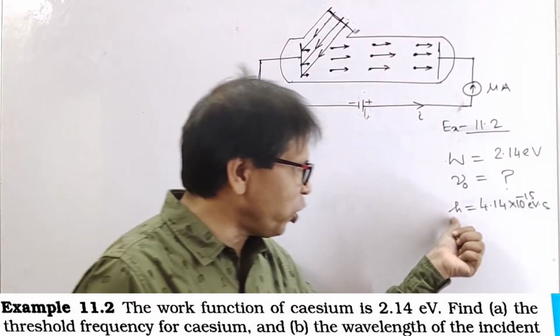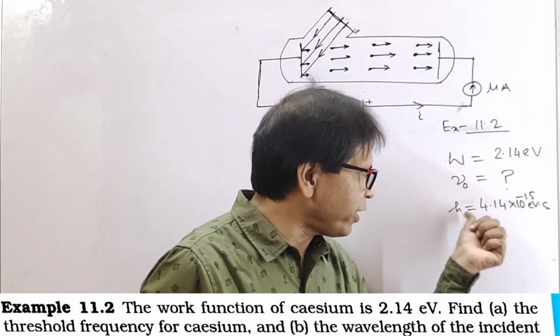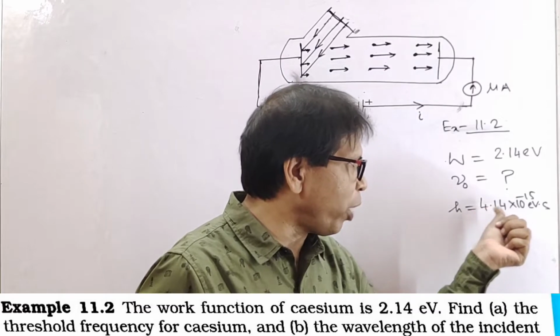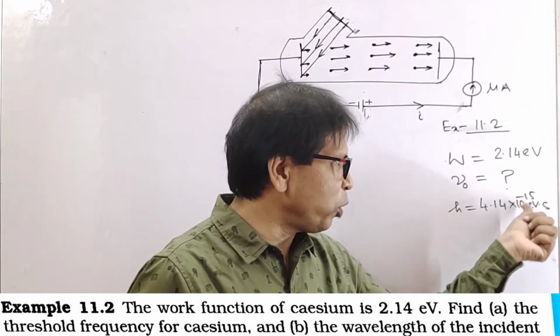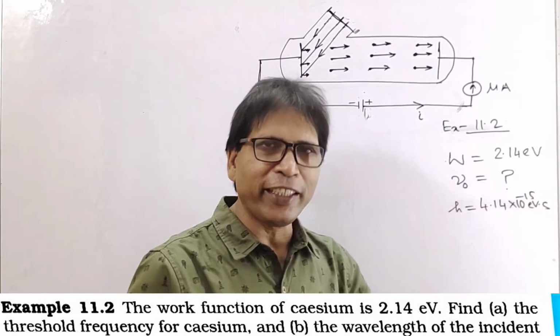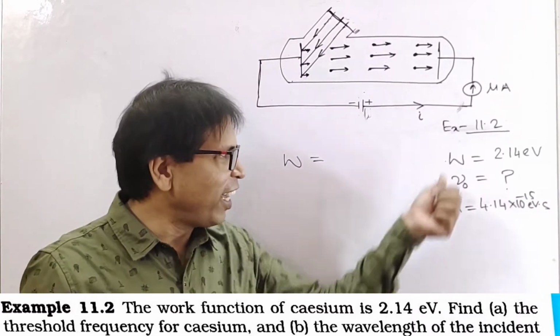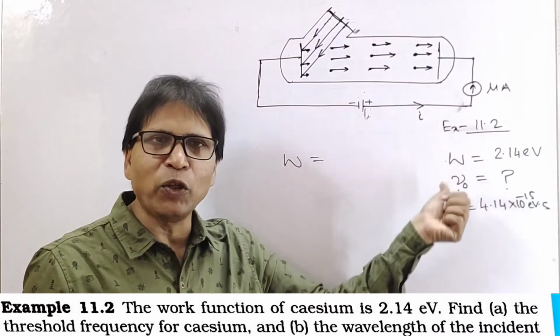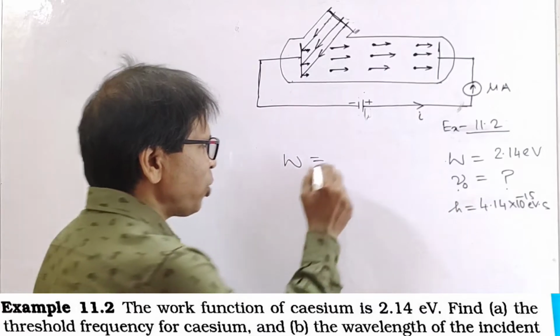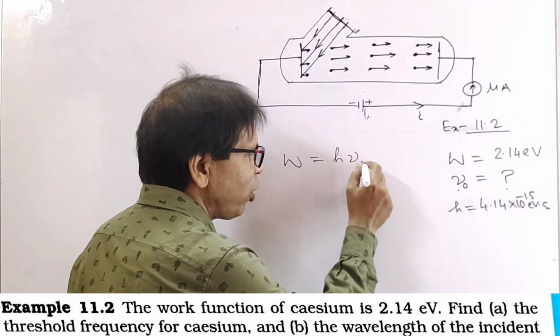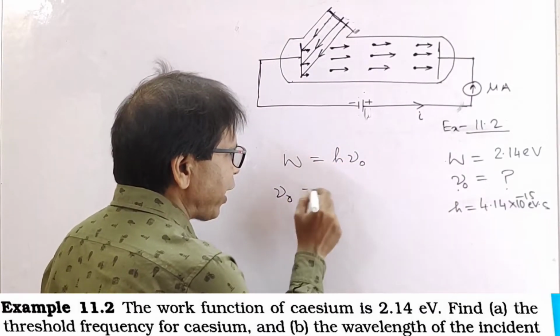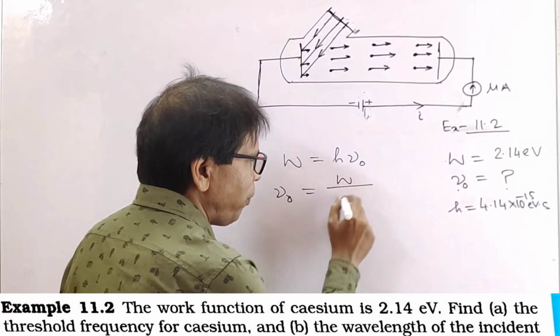Now look at this, we know Planck's constant h is equal to 4.14 into 10 to the power minus 15 eV second. Now the relation between work function and nu naught is W equal to h nu naught. So nu naught is equal to W by h.